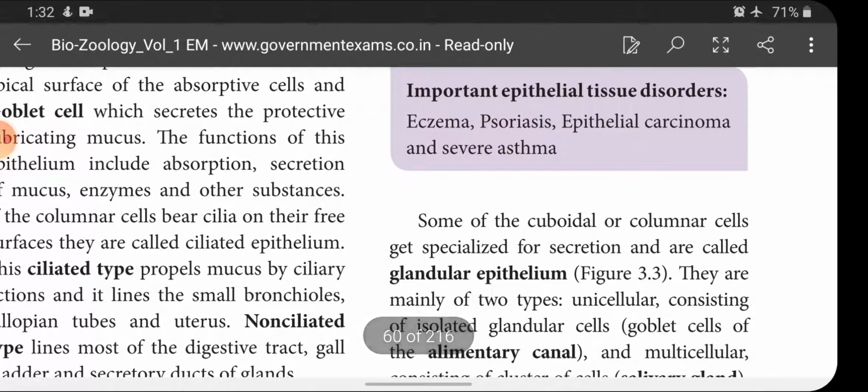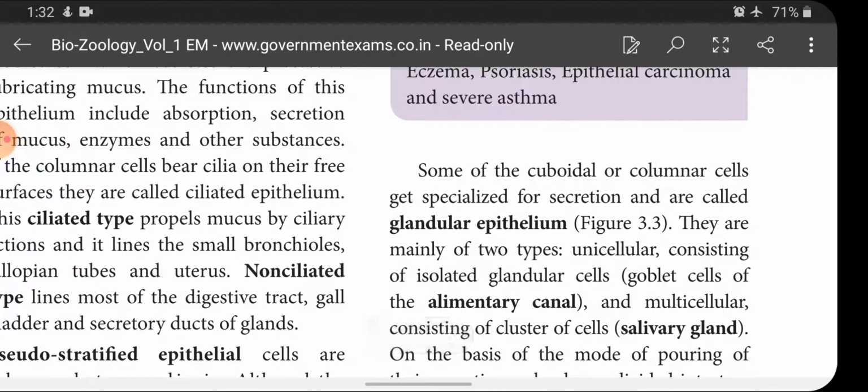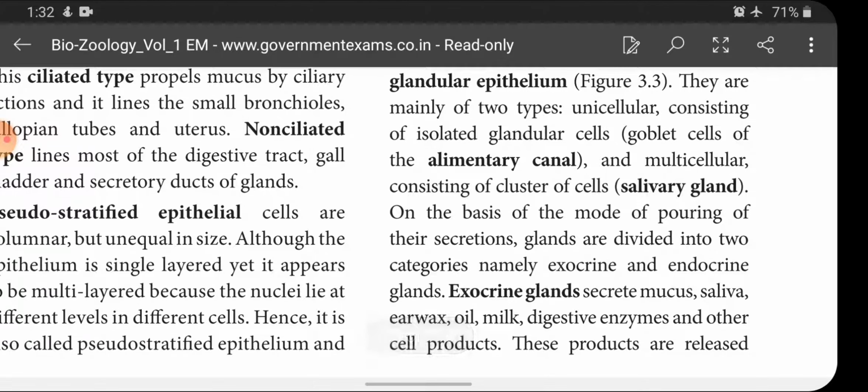Some of the cuboidal or columnar cells get specialized for secretion. Some of the cuboidal as well as columnar cells are specialized for secretion and are called glandular epithelium. They are mainly of two types. What are they? Unicellular, consisting of isolated glandular cells, that is goblet cells of the alimentary canal, and multicellular, consisting of clusters of cells, as in the salivary gland.